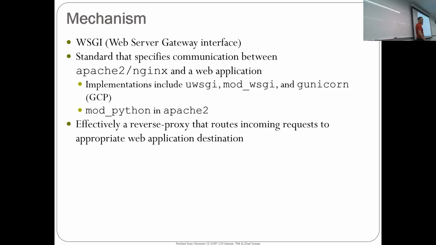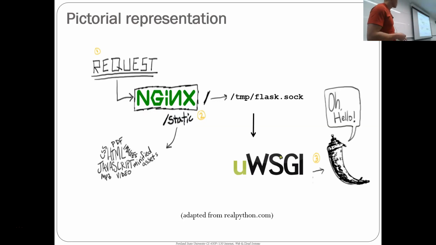So they're using that as the interface between their web servers and your Python code. There's mod_python for Apache 2. This is a reverse proxy that will take the incoming request going to your web server and then point it to the appropriate web application if the web application needs to handle it. This is what it looks like.